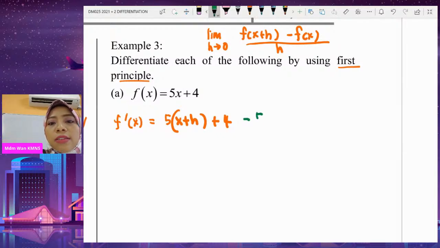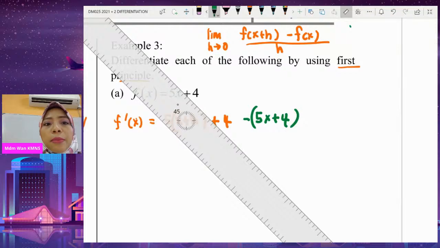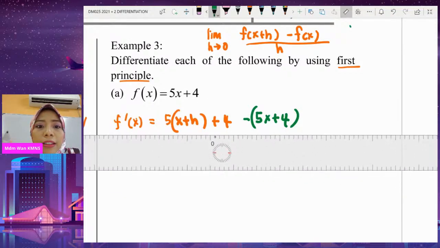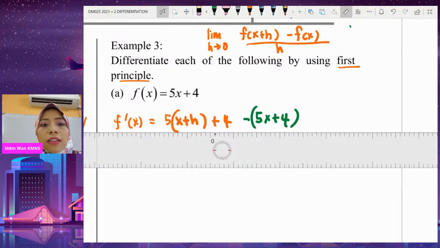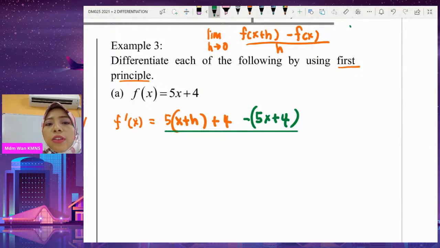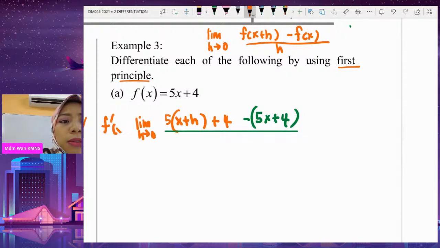What is our f(x)? Straight away take the function 5x plus 4. Okay, perhatikan kat sini jangan lupa apa? Jangan lupa bracket. Okay, over with, wait, I forgot to write limit h approaching 0. Okay, this is f prime x.